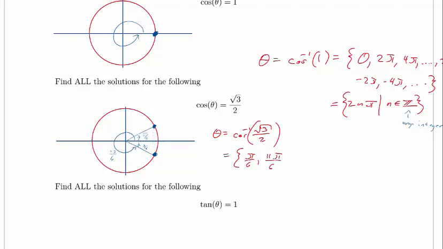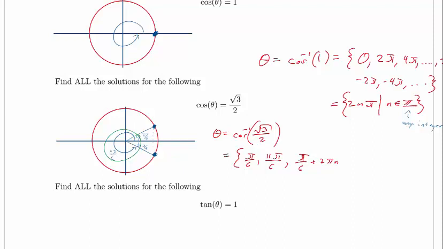Now, between these two, I want us to note an important thing. We're not restricting our domain or range to just one revolution. We're going to keep going for all revolutions that are possible. So from pi over 6, we're also including everything that's an additional revolution, an additional 2 pi. So pi over 6 plus every revolution, 2 pi n.